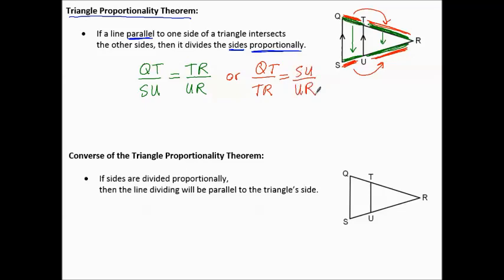Basically, just matching up corresponding parts and going in the same direction. Now, the converse of the triangle proportionality theorem is very similar. If sides are divided proportionally, so first we see the proportional sides, then the line dividing will be parallel to the triangle side. Let's see how to use those next.